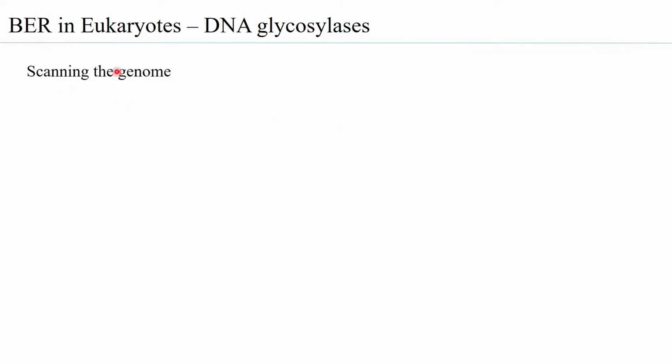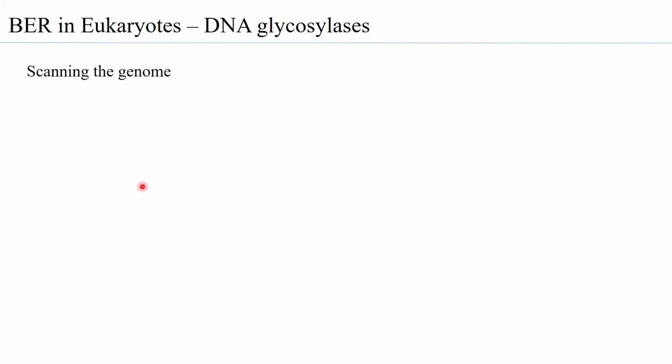Now, how does the DNA glycosylase remove the base? If it has to remove the base, it has to identify or detect the base. So in order to find out which base it has to remove, it will obviously have to scan the genome. And what has been observed is that different DNA glycosylases have different mechanisms by which they scan the genome to identify the damaged base.